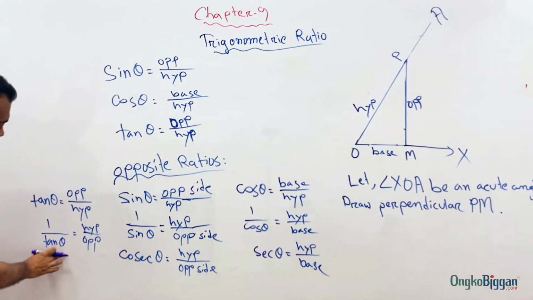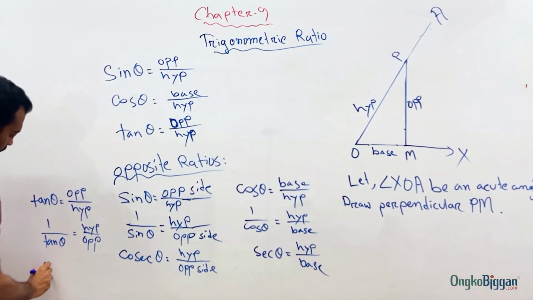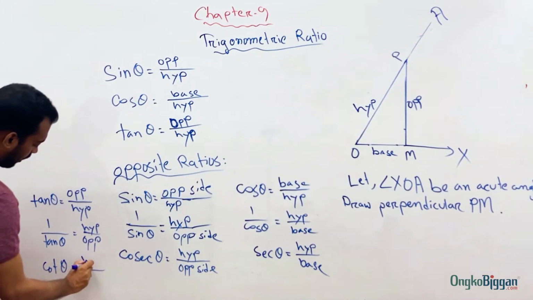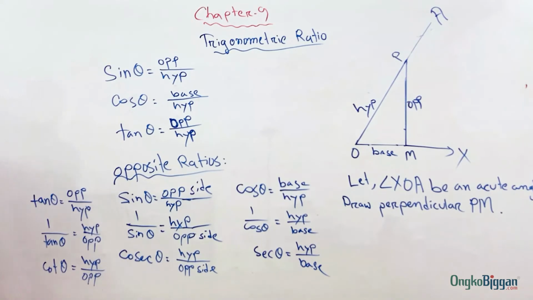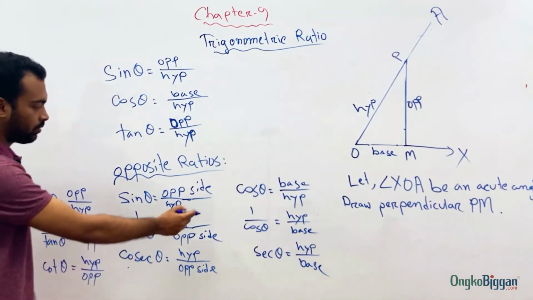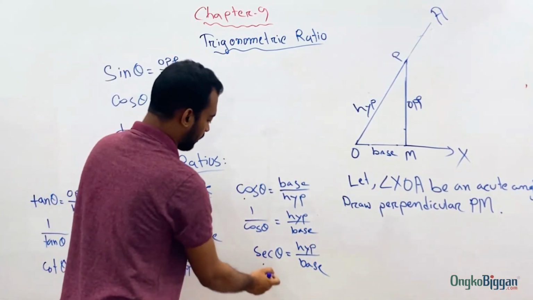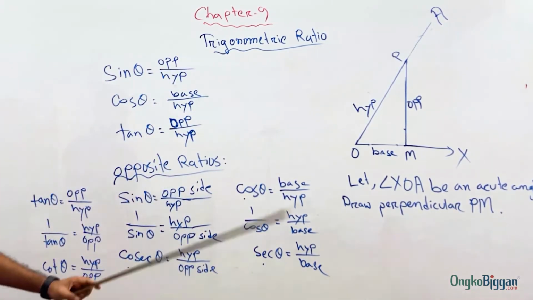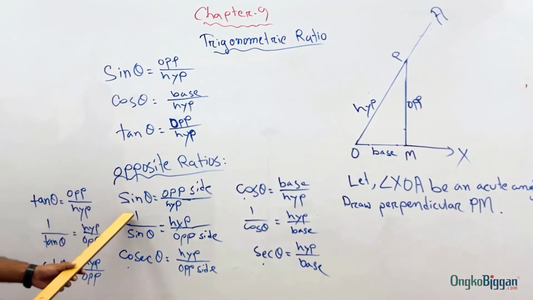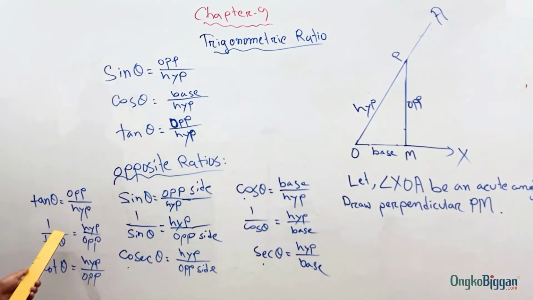And 1 by tan theta we call cot theta, which is base by opposite side. So what is the opposite of tan theta? Cot theta. Of sin theta? Cosec theta. Of cos theta? Sec theta.